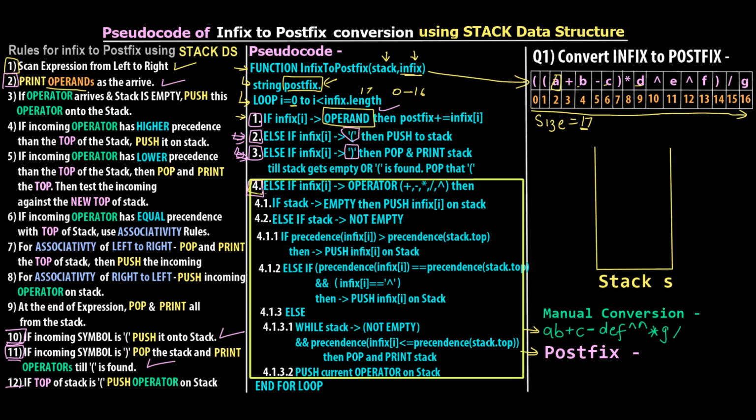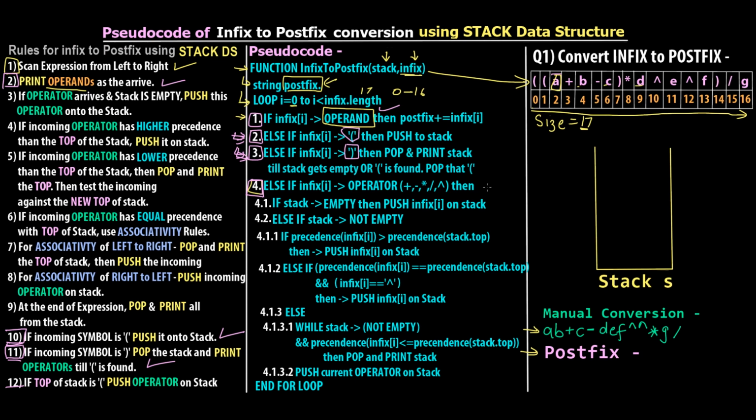So in the last else if, that is the outermost else if, we say if infix of I, if any character is an operator, in that case we have some more extra conditions. When it comes to operators, we have a lot more conditions, right? We still have rules 3, 4, 5, 6, 7, 8, 9 and 12 to be covered. So that's why we have more conditions inside this. Let's take a look at what we have.